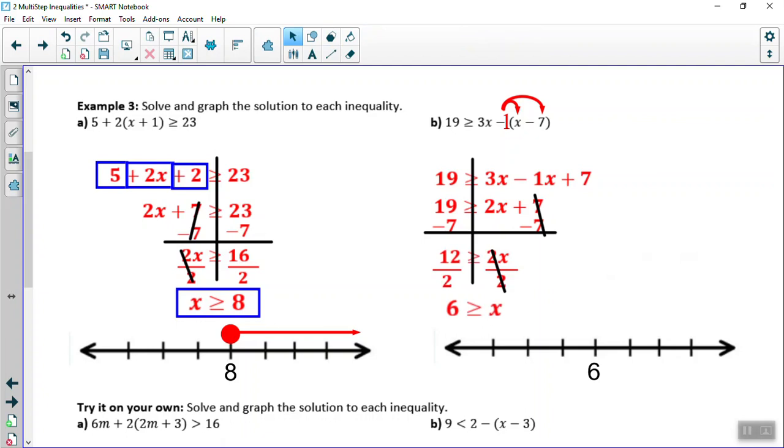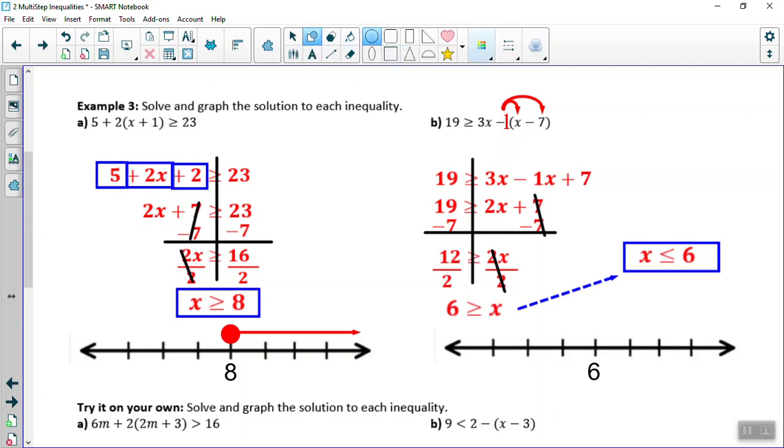It's pointing to the x right now, or we can look at it as being open to the 6. So when we go to flip our answer around, I still need my inequality sign to point to the x, or be open to the 6. So when I flip this around, I also have to flip that inequality sign around. So now I'm looking for all the values that are less than or equal to 6.